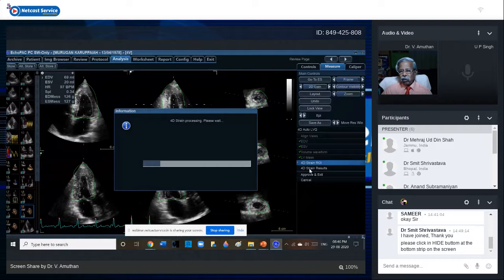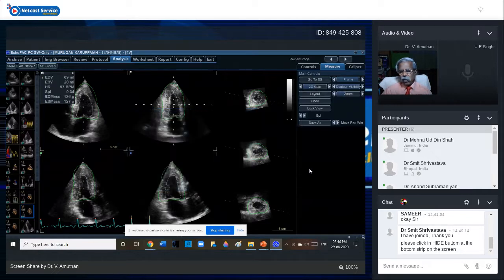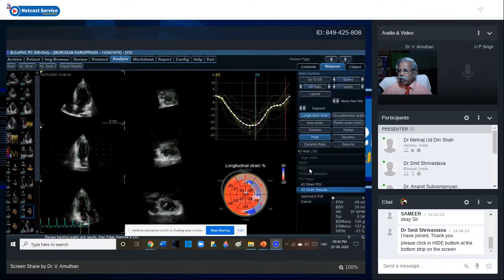So these are all the 3D strain which I am showing to you. It may take 1 or 2 seconds, and then the results are displayed immediately. You can adjust by segment.